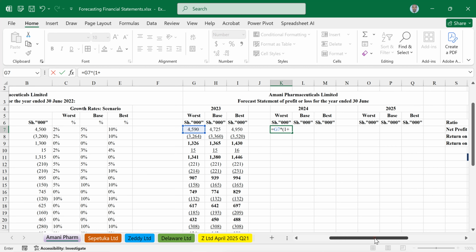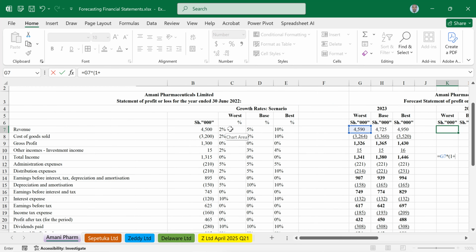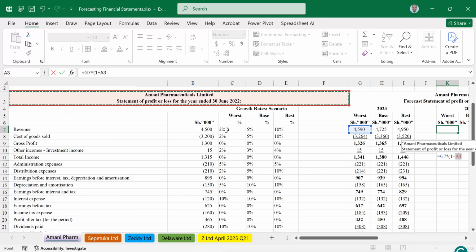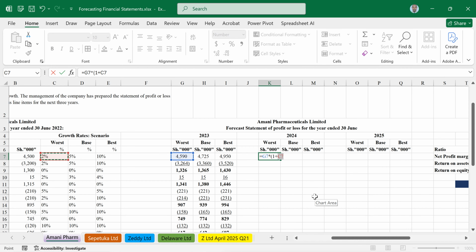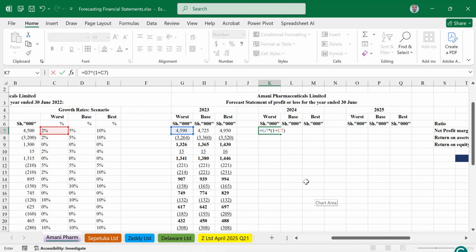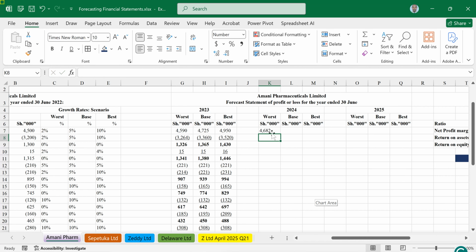You can see the 2% rate that you've been given here. Don't lock this rate. Nothing to lock there. Don't lock anything. Enter, then drag across.